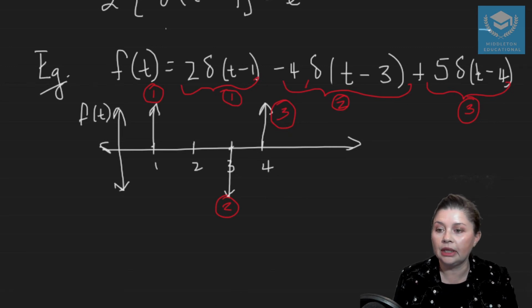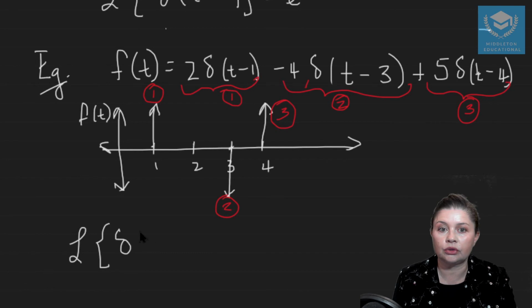There we go. So now, if I was to take the Laplace transform of f of t, we remember that the transform of your Dirac delta is going to be e to the power minus as.